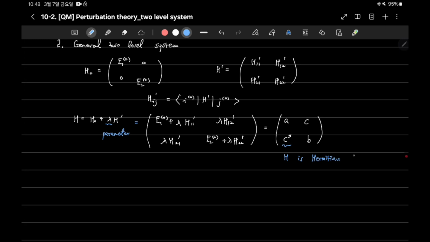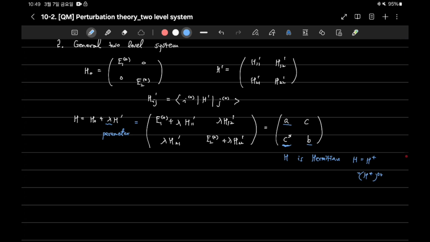Hermitian means that the complex conjugate and transpose should be identical. So in this case, A and B are unchanged by the transpose, and C and C star should be in a complex conjugate relationship.